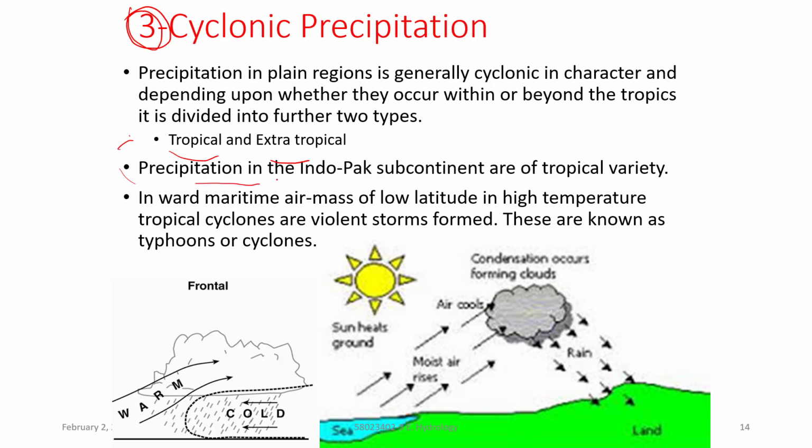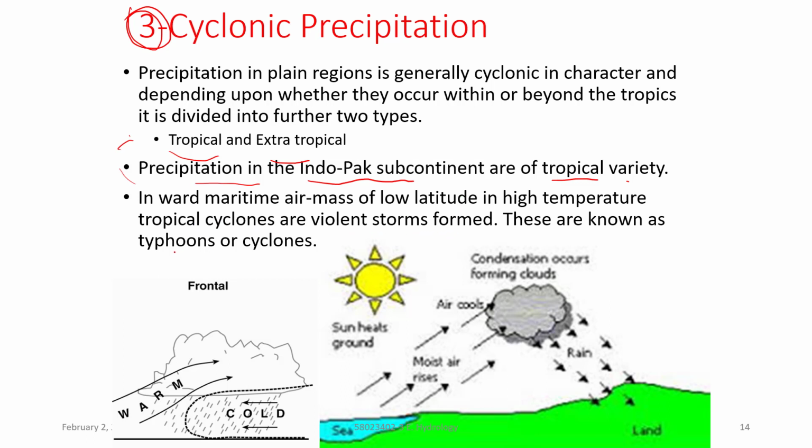The tropical variety occurs usually in the Indo-Pak subcontinent, again in the mid part of Asia. In warm maritime air masses of low altitude and high temperature, tropical cyclones, which are violent storms, are formed.